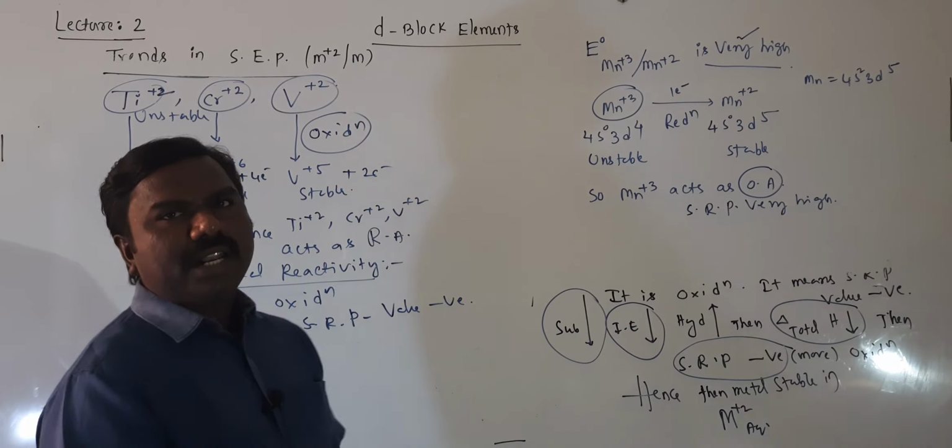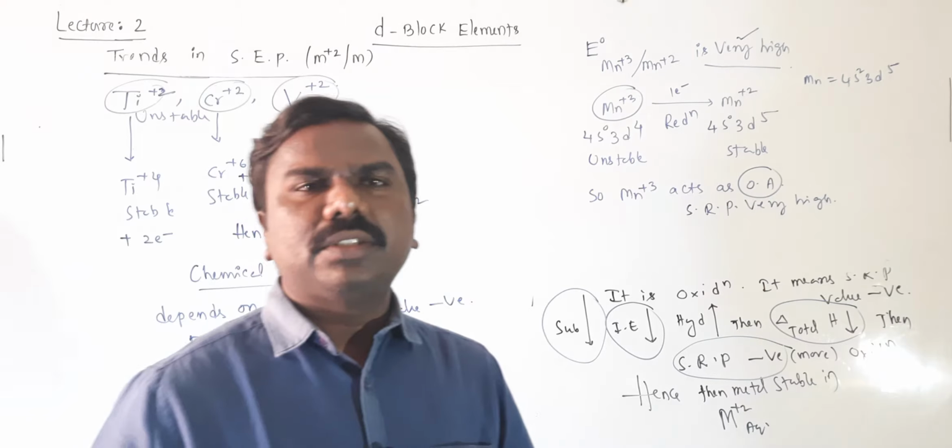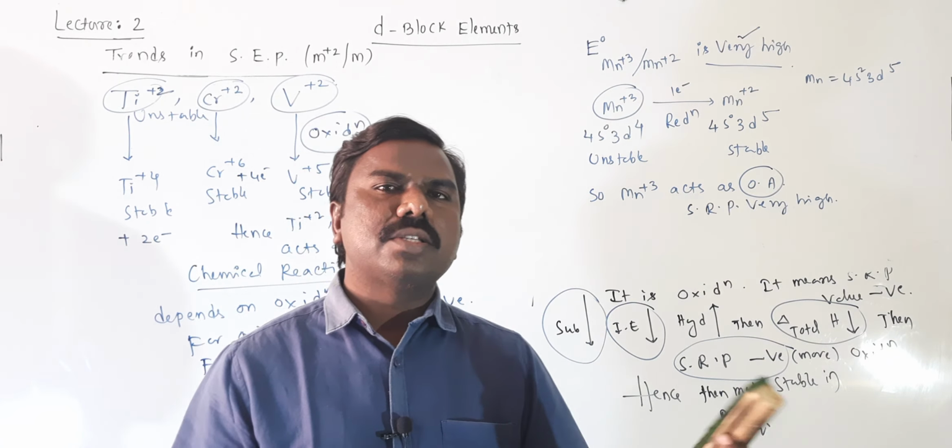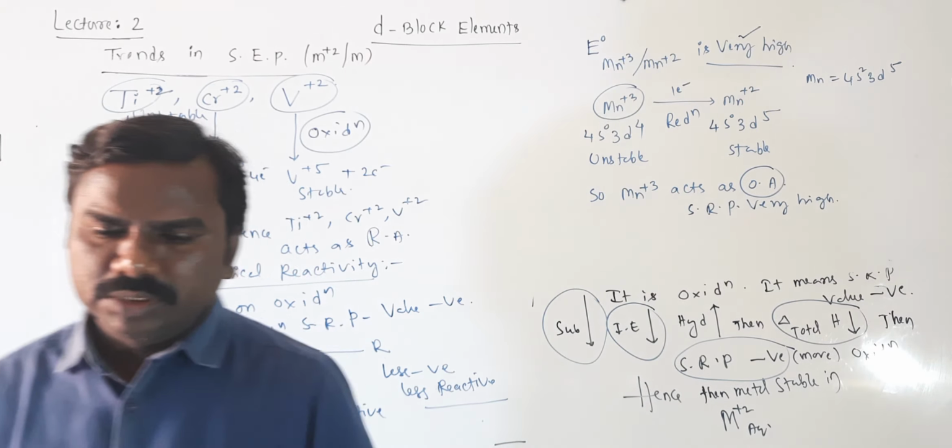From left to right in the 3d series, SRP values will be less negative. More negative means more reactive, and less negative means less reactive. So understood the relation, students? So SRP value negative, oxidation increases, M to M plus 2. Plus 2 means positive ions, more reactive. Getting, all of you?